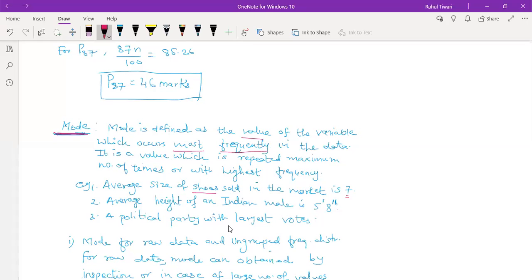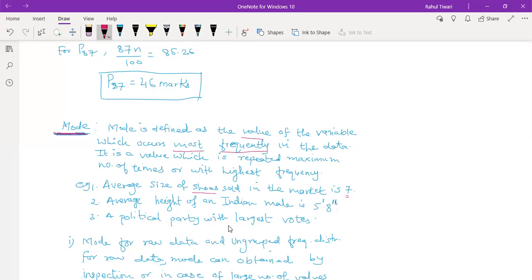Everybody knows that the size of shoes fitting a particular person who is purchasing is approximately 7. That's why the company knows that it has to manufacture shoes of approximately size 7. It will depend on US and UK sizing, and according to that they manufacture.